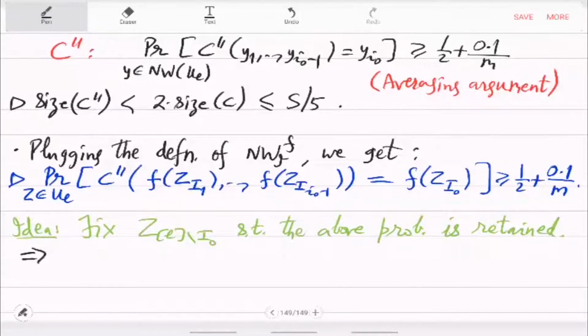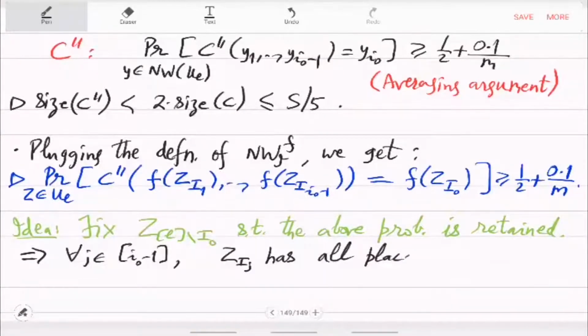So this means that for j from I0 minus 1 to I0 minus 1, Zij has all places fixed except Ij intersection I0. Everything other than I0 is fixed, right. So, Ij intersection I0 is what remains.